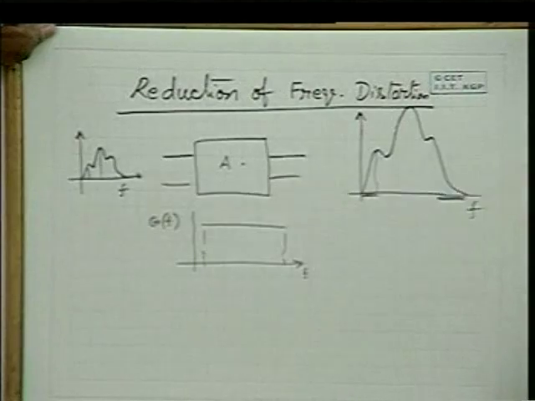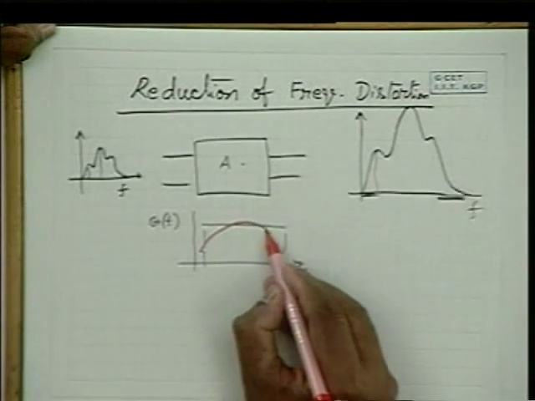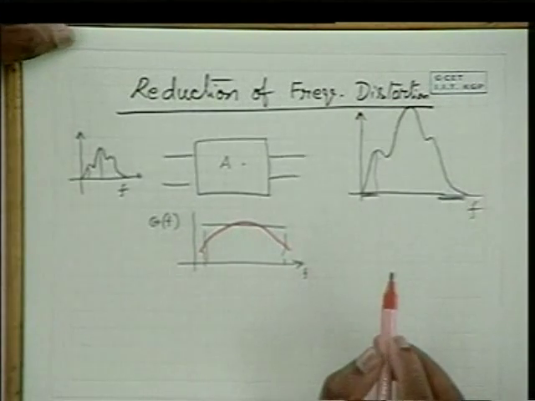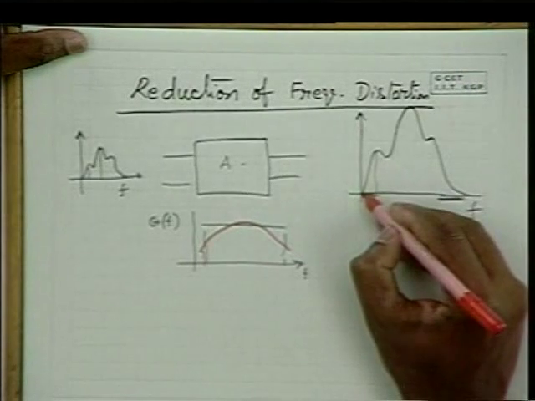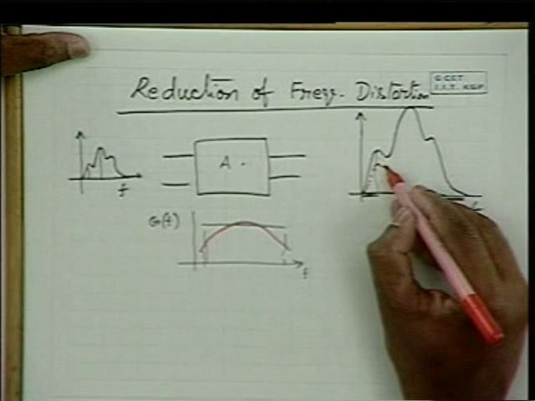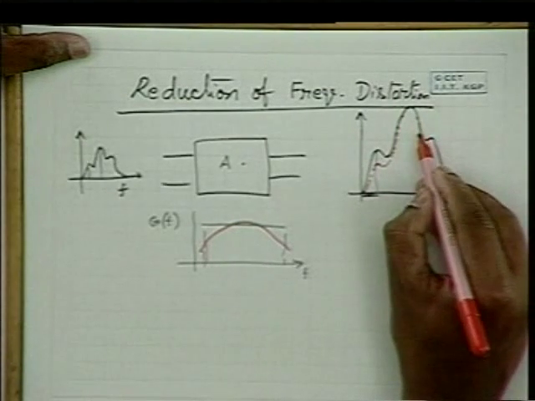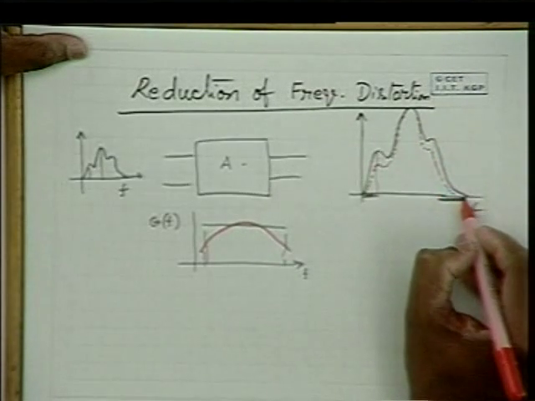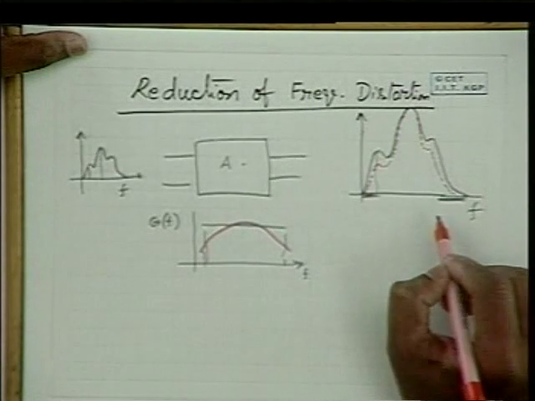But unfortunately, some amplifiers do provide different gains for different frequencies. So the output spectrum may be such that low frequencies get amplified to a lesser extent than the high frequencies, and as a result the output spectrum may look like this, and this is no longer 50% of this in that example.